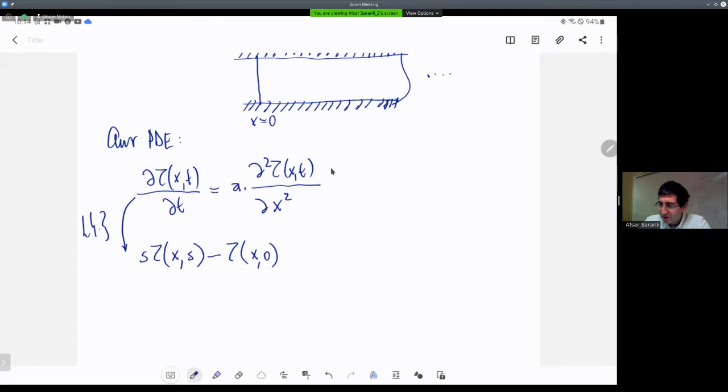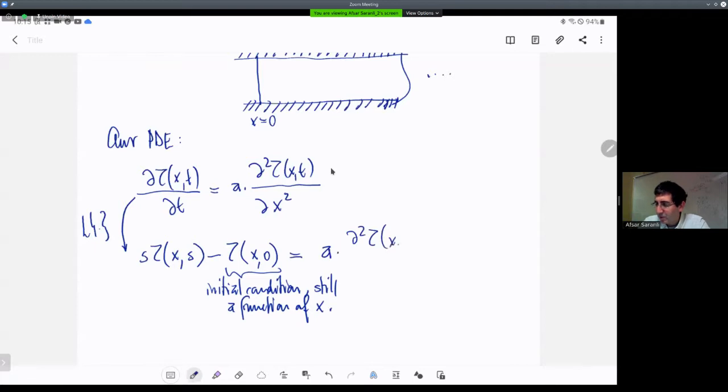Okay, so this is our initial condition, still a function of x. That is equal to a times, we still have the partial derivative here, the second order partial derivative, because it is with respect to the space variable.